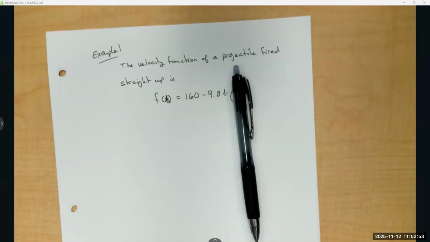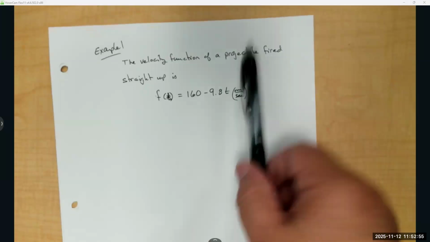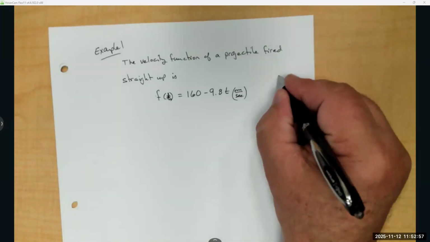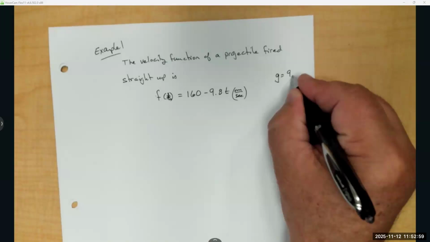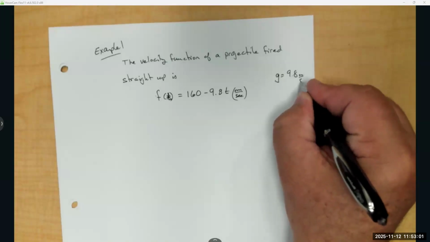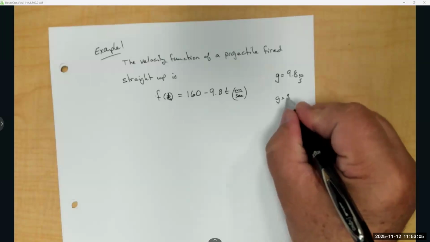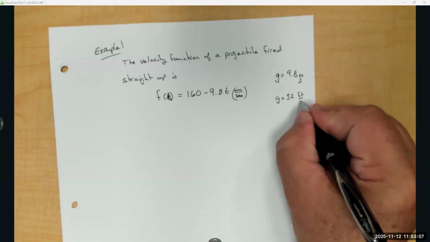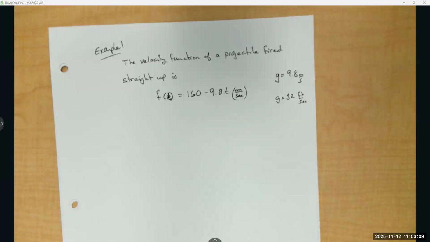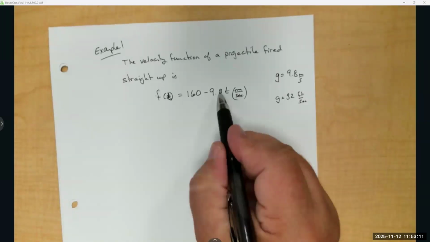Very good. We talked about that the first week of class also. In metric, gravity is 9.8 meters per second squared. In the SAE system, gravity is 32 feet per second squared.